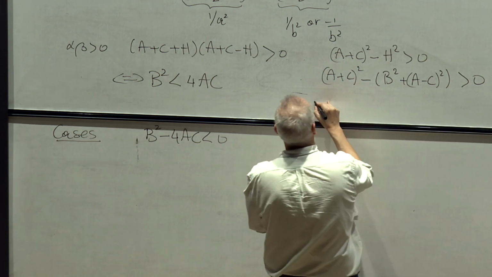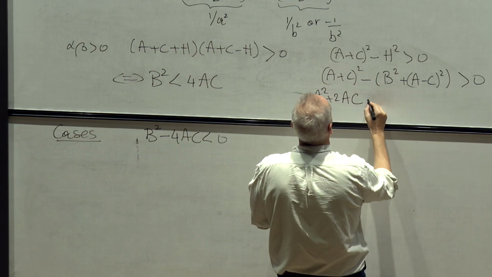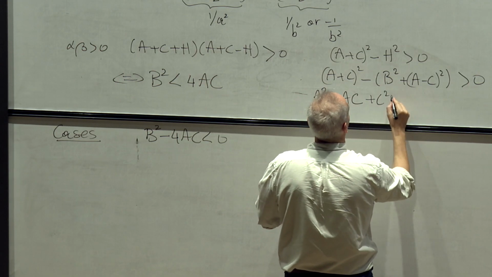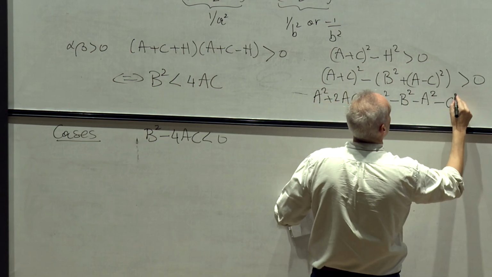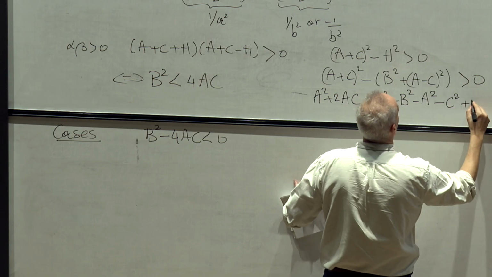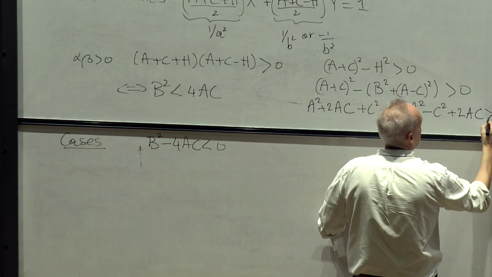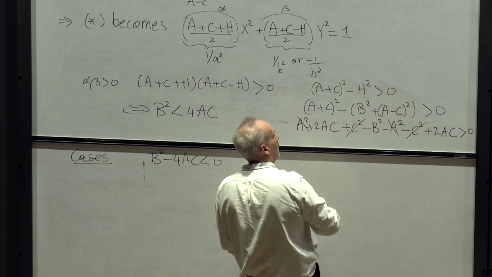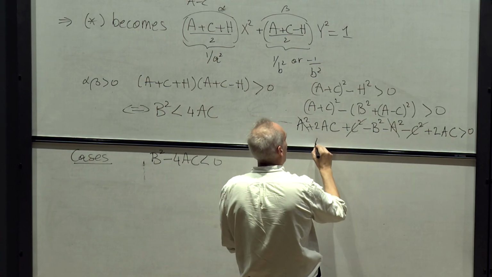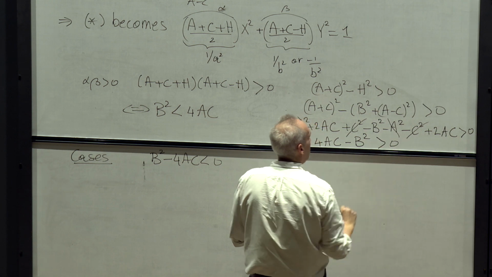Okay, so this is a square plus 2ac plus c square minus b square minus a square minus c square plus 2ac. It must be positive, so all the terms disappear. So I have 4ac minus b square positive.